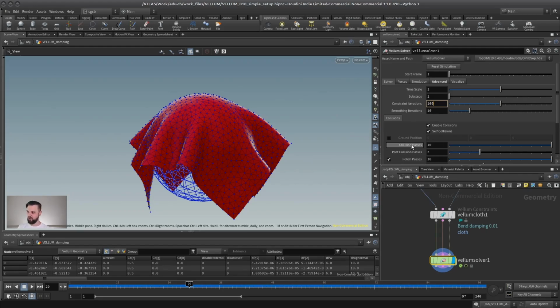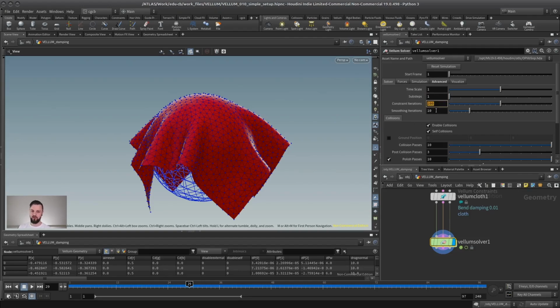The same is true for collisions, which here only has 10 though, and not 30 or something. While we will not have to increase it to 30 ourselves, this is already built into the preset. It's just not obvious at first glance because the sub-steps might be 1, but one sub-step means 100 iterations for the constraints alone. In practical terms, all of this is not super important, but I think it helps a little bit to understand the theory and what's actually happening under the hood. And it's good for us to know before we go into all these things.